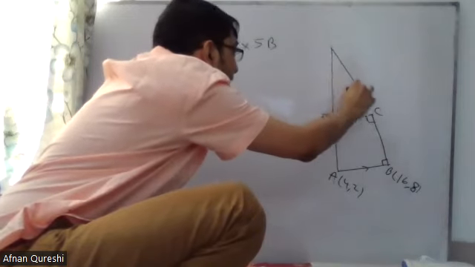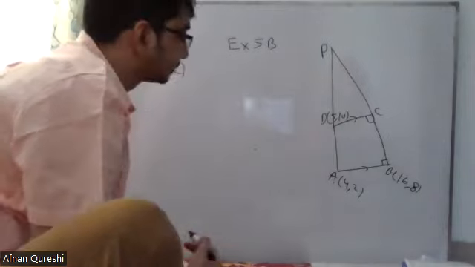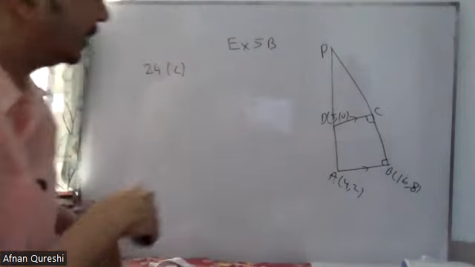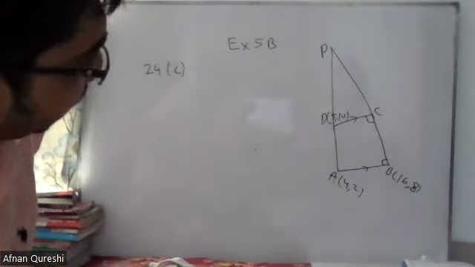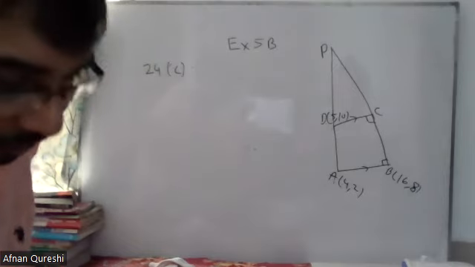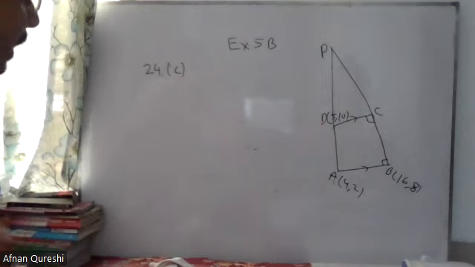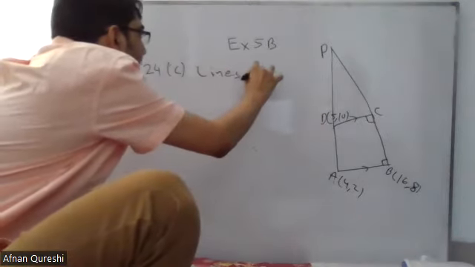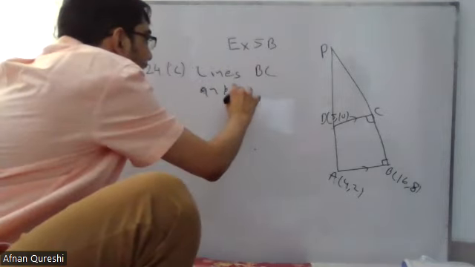That they have labeled as P. So now you have to find the coordinates of P. P is basically where line BC and AD intersect.